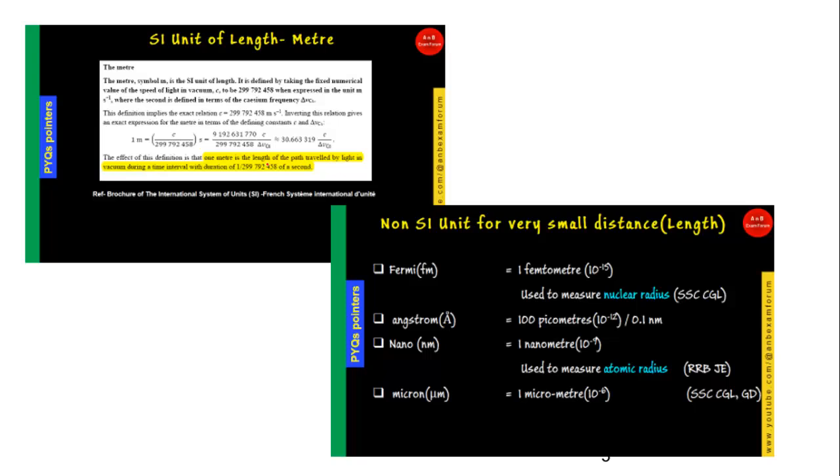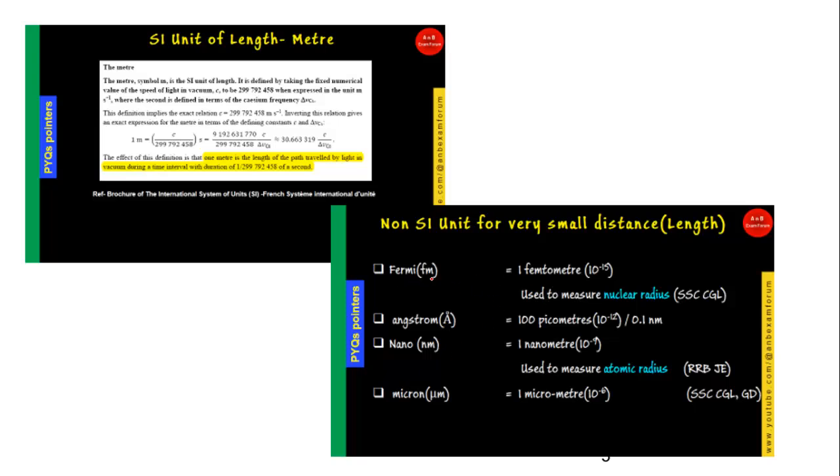All such pointers we have covered in our theory classes, where we have talked about the various units of length. As you know, the SI unit of length is meter, but there are some other non-SI units which are generally used in many fields. For very small distances, these units are commonly used in science. The most important one is the Fermi.